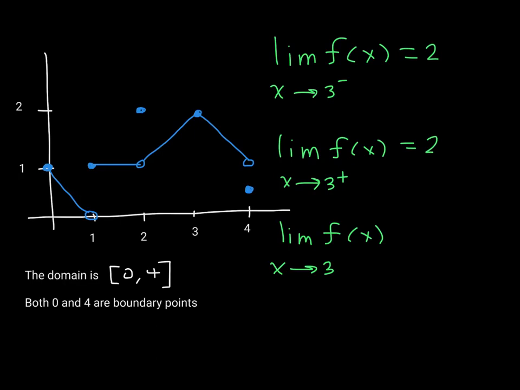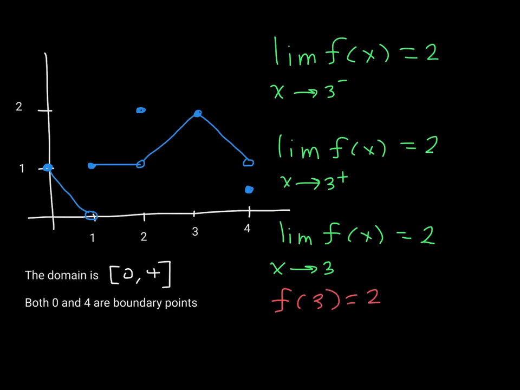Now, I don't even need to look at the graph. I know this two-sided limit, the limit of our function as x approaches 3 from both sides of 3, must be equal to 2. I'm not even looking at my graph. I know it must be equal to 2 because these two one-sided limits are 2. Now, notice that all of these values are 2, and also notice that f of 3 is also 2.